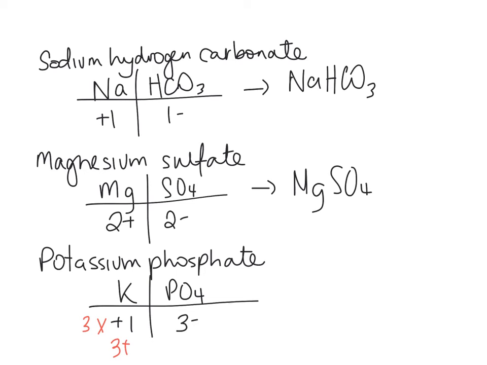Now the numbers add up to 0. 3 plus and 3 negatives equals 0. Whatever you multiply by, that becomes your subscript. So the formula for this compound is K3PO4. So the multiplier becomes the subscript for that ion.